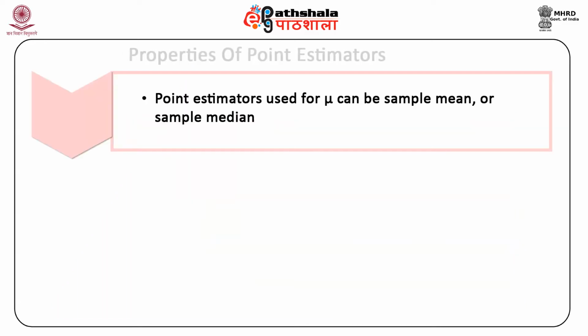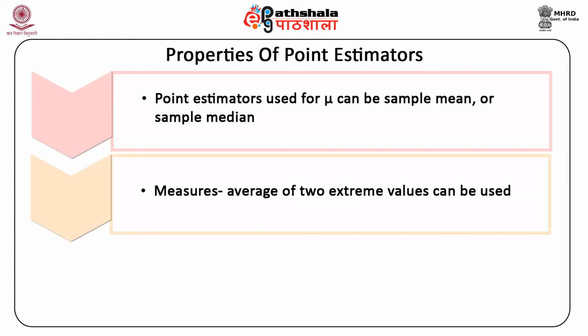Point estimators used for mu can be the sample mean or the sample median, since for a normal distribution the mean is equal to the median, as the distribution is symmetric. Also, the average of two extreme values or the 10% trimmed mean can be used.